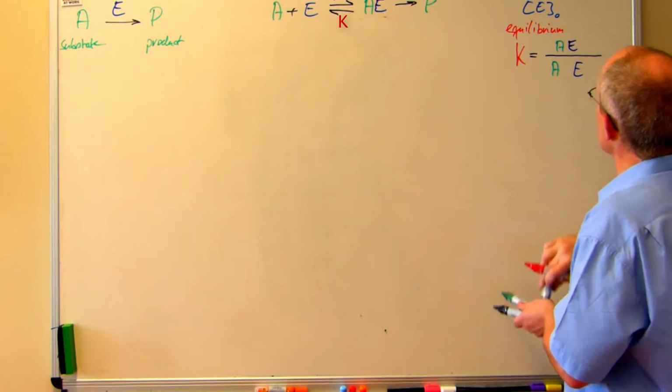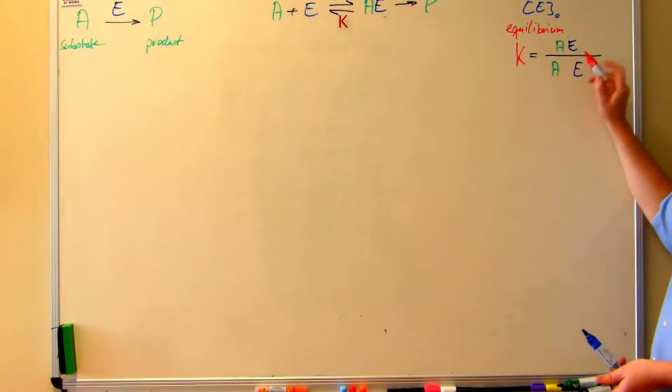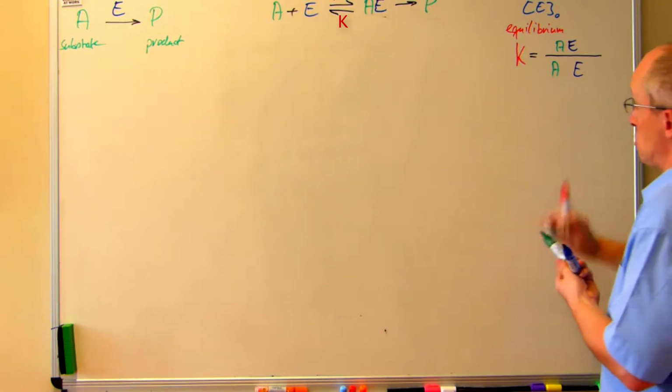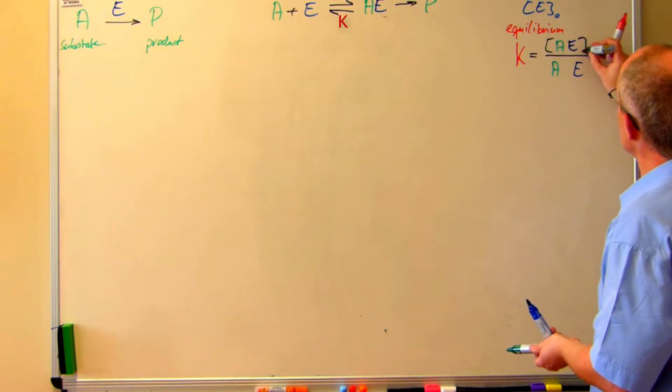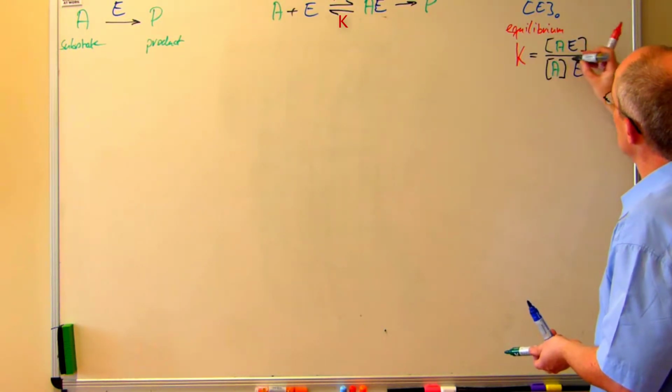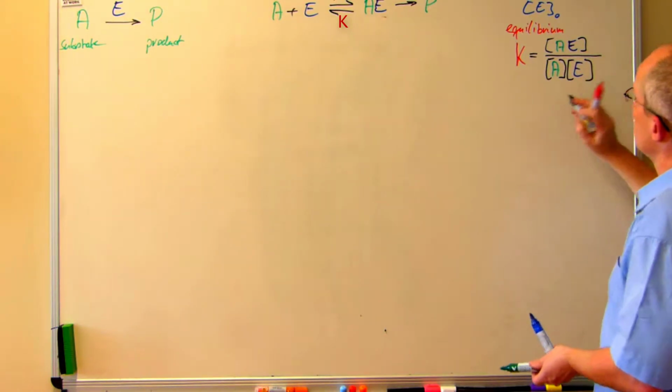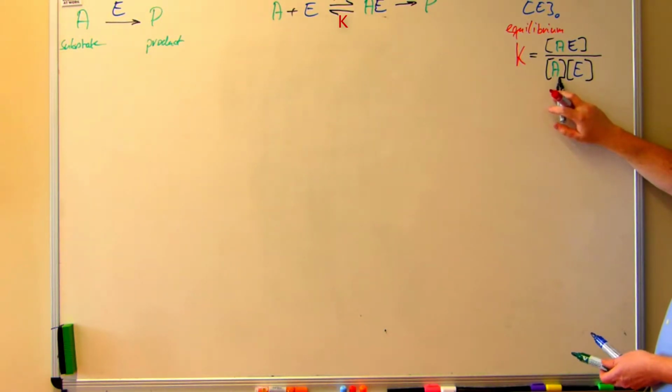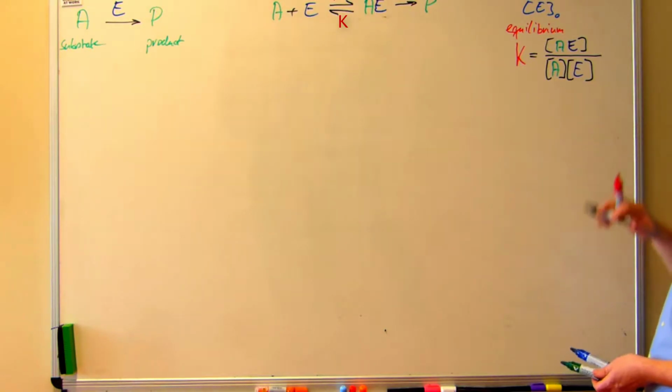So this is the concentration of the complex, which I still don't know, divided by the concentration of the substrate and the free enzyme.